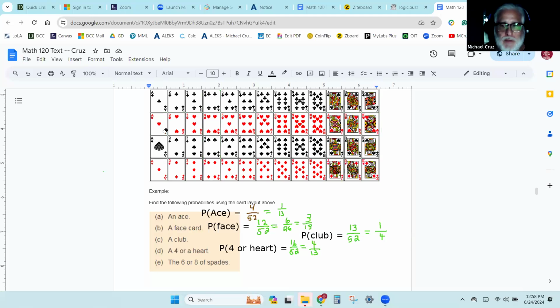All right, this last one's kind of, we got to pay a little bit of attention to it. It says a 6 or an 8 of spades. In other words, 6 of spades, 8 of spades. There's no comma. So 1, 2.